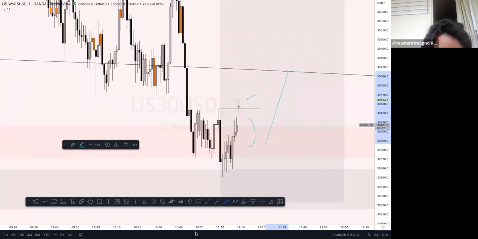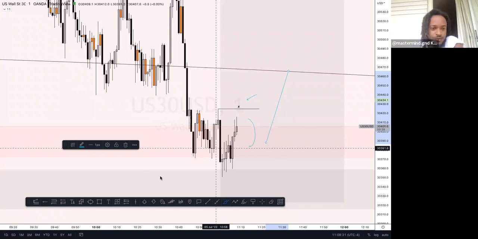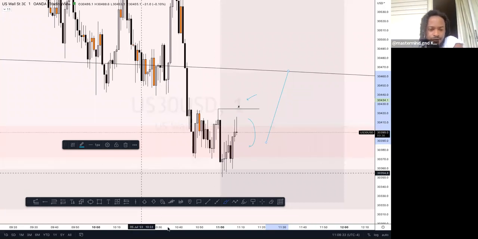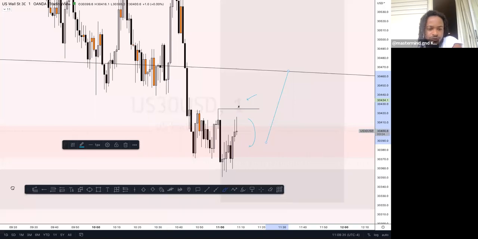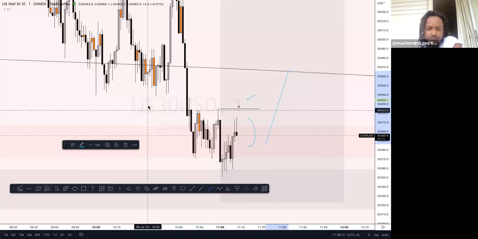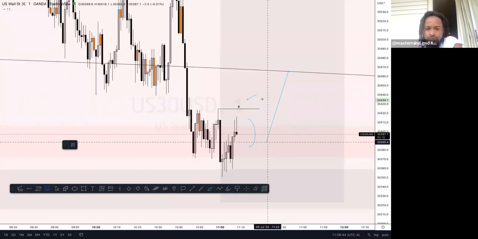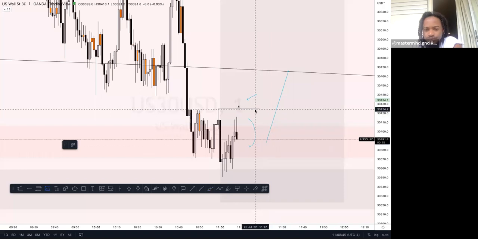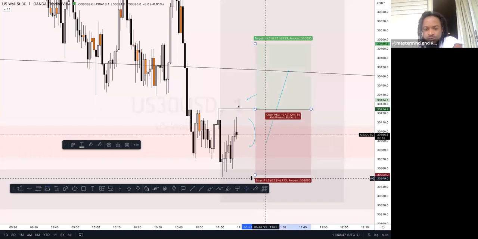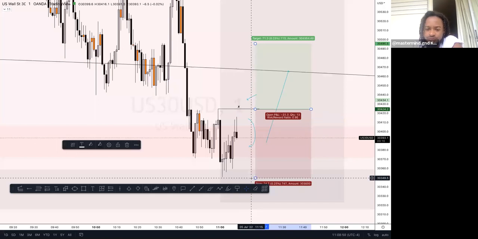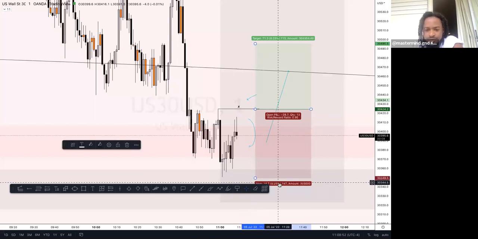So let's wait and see. In the meantime, probably do your calculations for what lot size you want to use, right? The range is about $71 risk, 74 points.